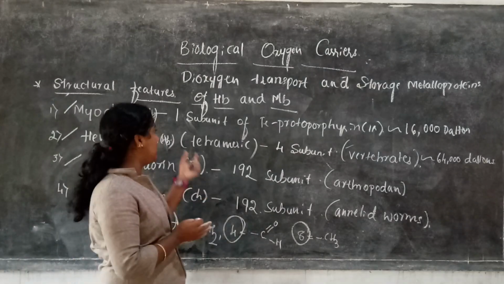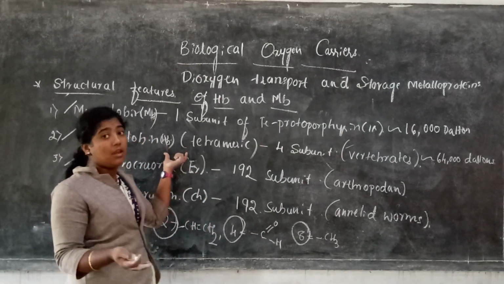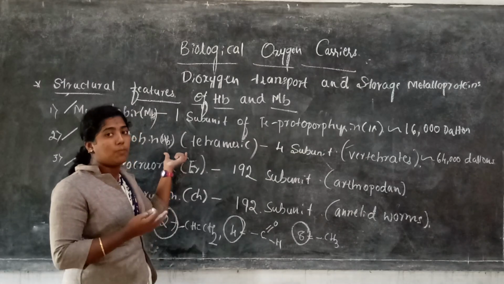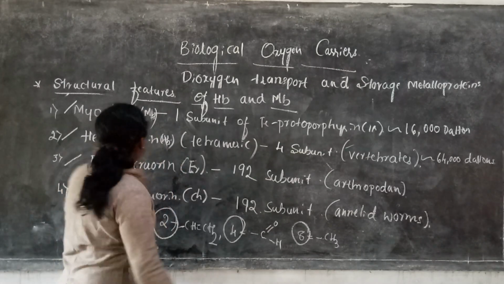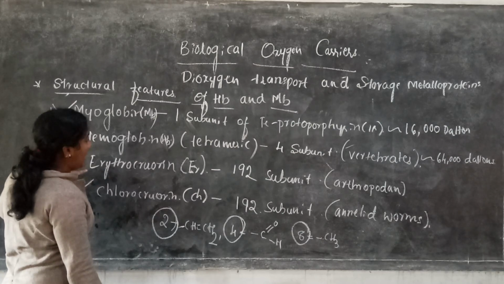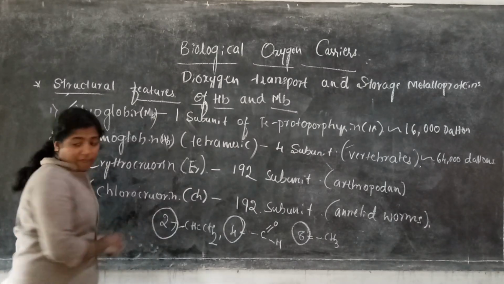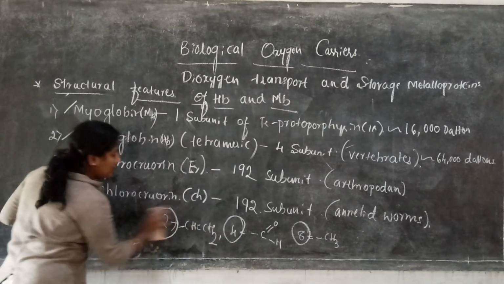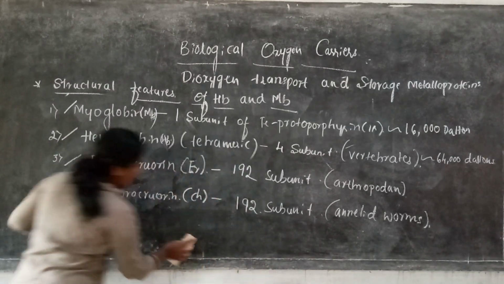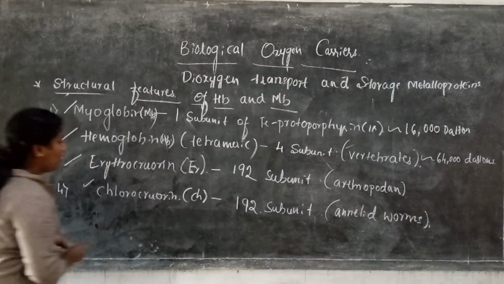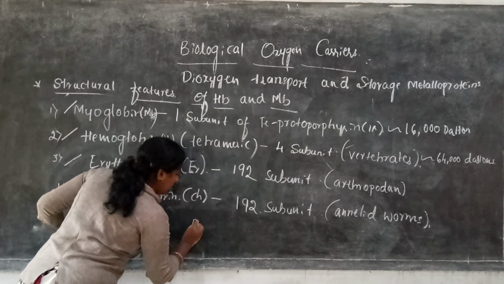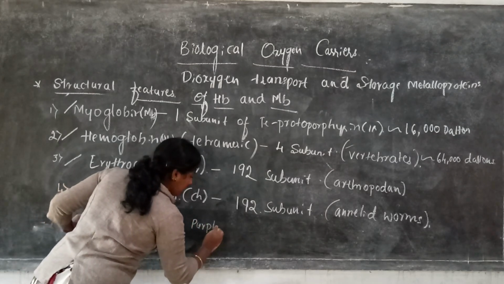Also, the deoxygenated form and the oxygenated form of these metalloproteins have different colors. Myoglobin, hemoglobin and erythrocruorin are dioxygen carrier metalloproteins. Before oxygenation, they are in purple color.